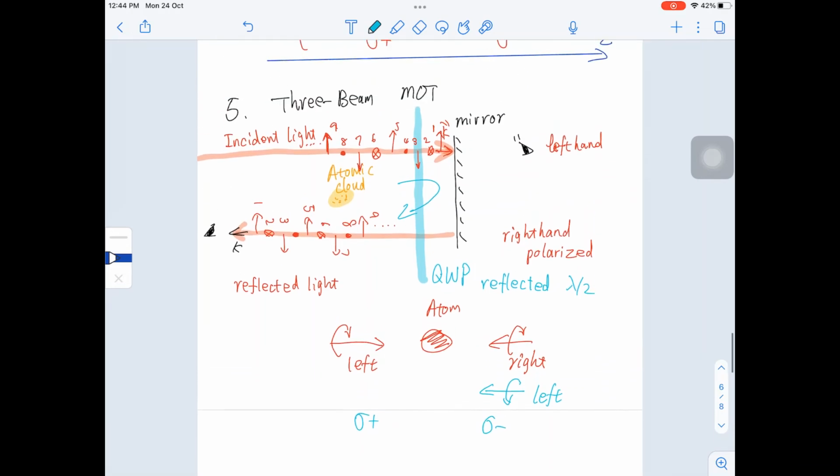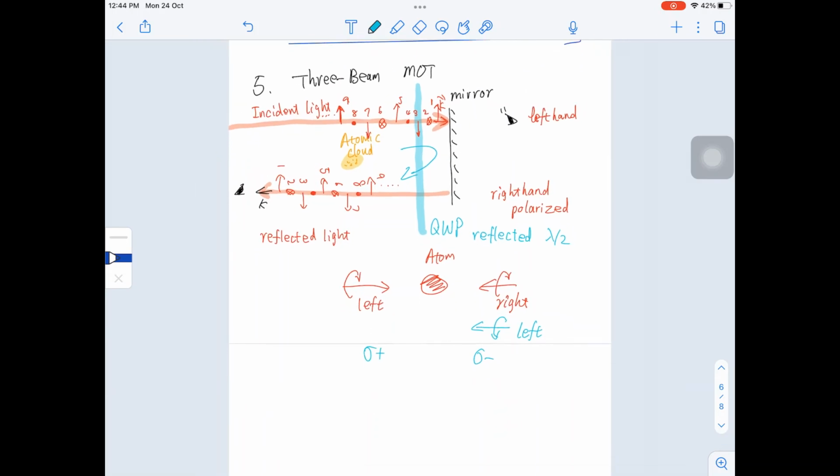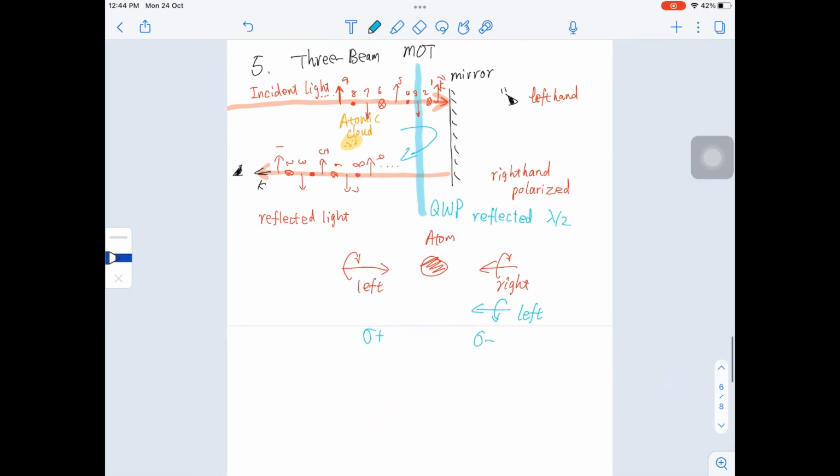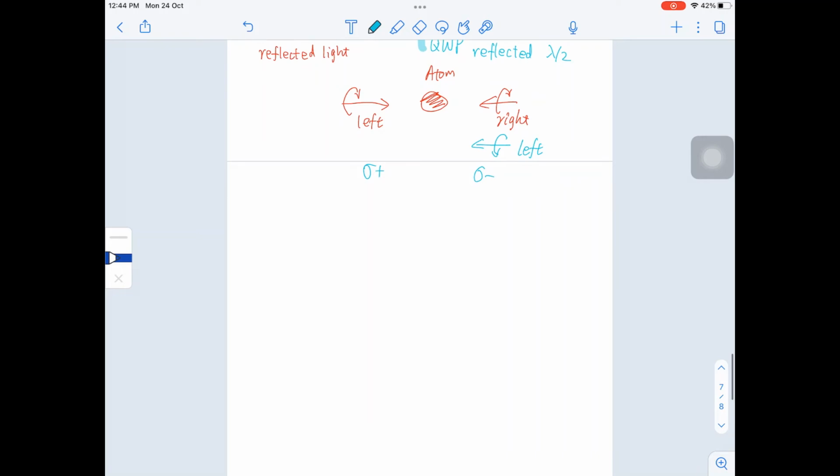Okay, this is a tri-beam MOT configuration. I can draw it roughly.